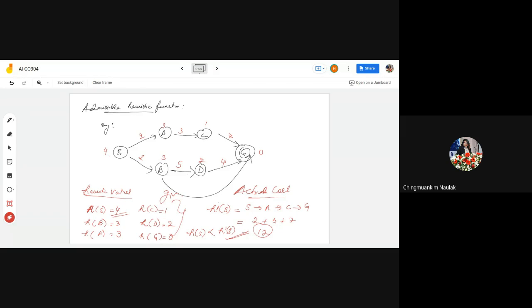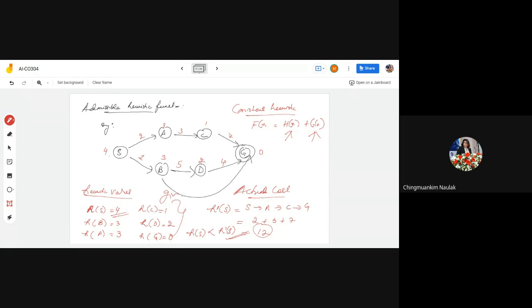For this you have another function that you have to calculate, called the consistent heuristic function, given by a formula h of n plus g of n. This h of n is the heuristic cost and g of n is the goal cost. I'll give an example of how consistent heuristic is applied.